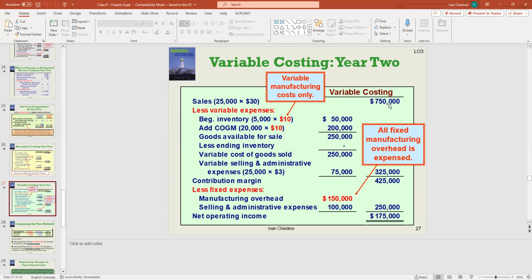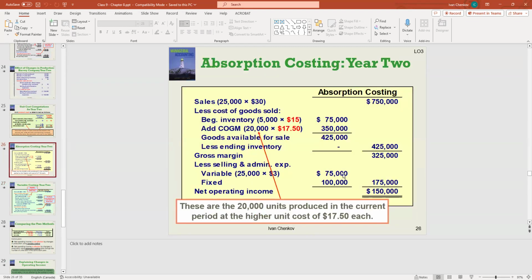750 is the sales, no changes between the two systems. 50,000 the beginning inventory, as you can see here, the beginning inventory with the $25,000 less. Cost of goods manufactured, 200,000, 20,000 units times 10. Everything's gone. Then we have the variable selling administrative expenses, which is 75, exactly the same as under the absorption.